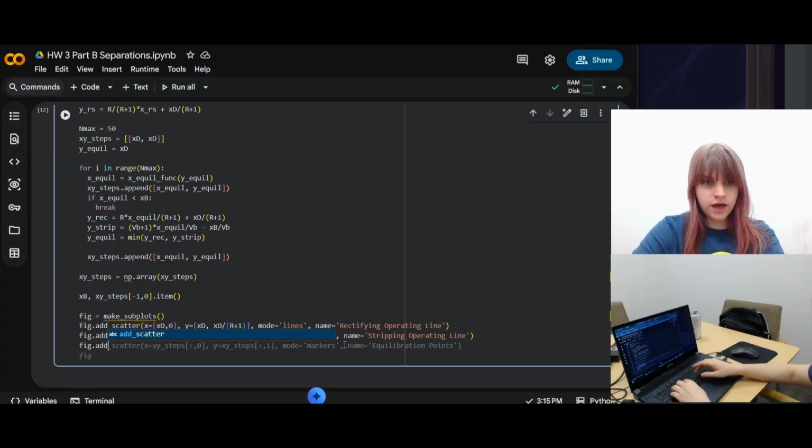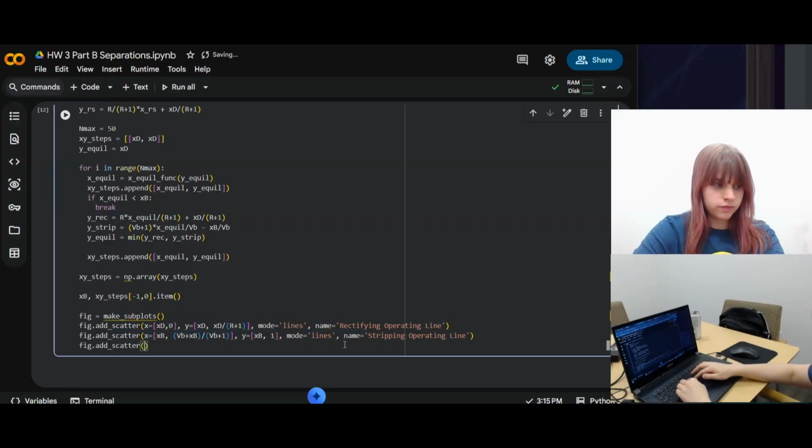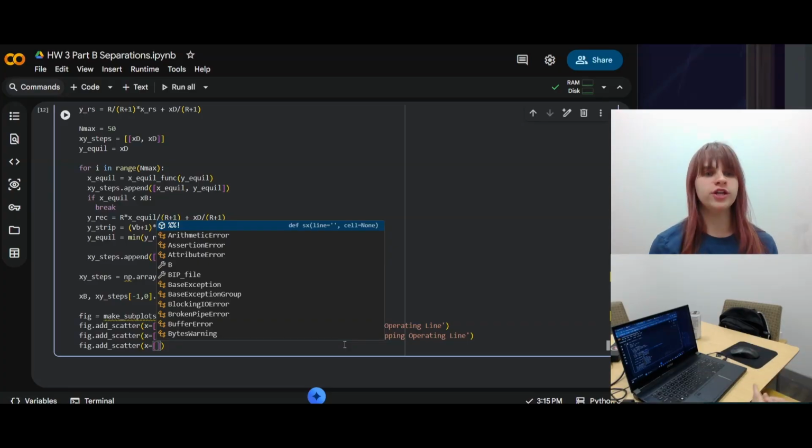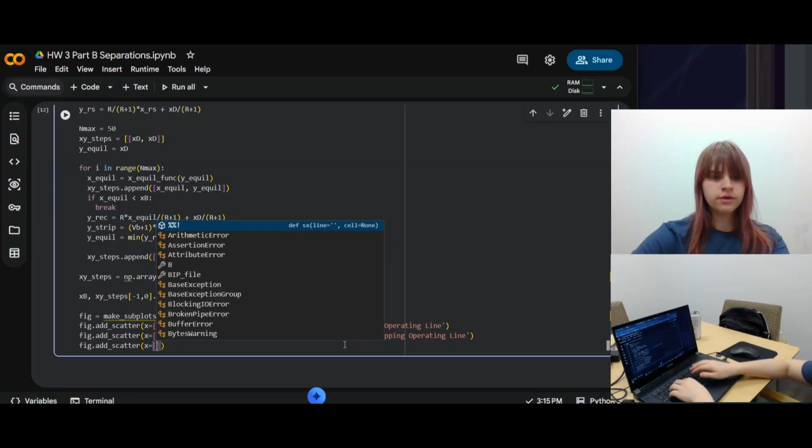I'm also going to add the Q line, which we talked about in the previous video, but that is basically how much liquid is present in the feed, or how much of the feed is a liquid. And that can contain both of the components in it.